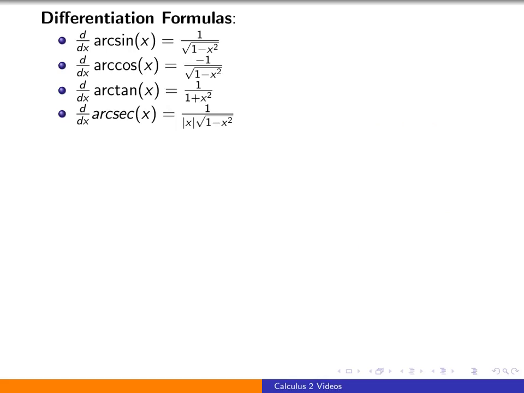So we have the following differentiation formulas for the inverse trig functions. We have the derivative of arcsine, which we've just developed, and you can use similar steps to differentiate the remaining trig functions. Let me note that with the first two formulas, in order for the domains to make sense with that derivative, we have minus 1 less than x less than 1.